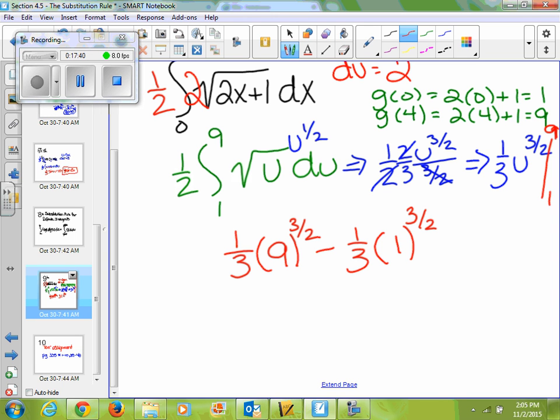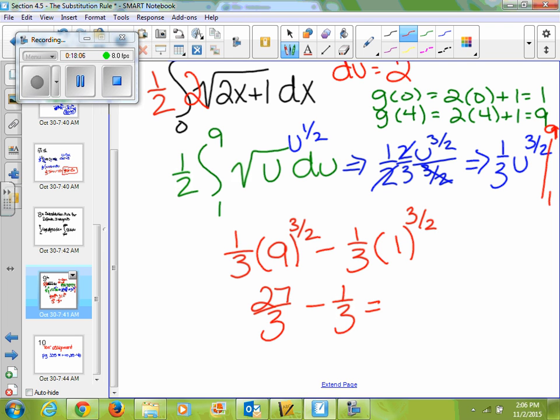Okay, so what's 9 to the 3/2? 27, and then times 1/3 would give me 27/3. And 1 to the 3/2 is, what's 1 to any exponent? 1. So 1 to the 3/2 stays 1, so then times 1/3 gives me 1/3.